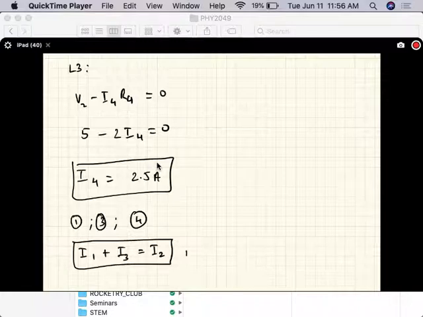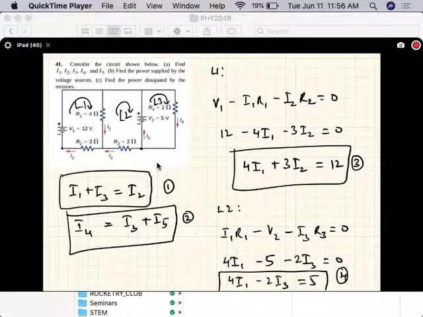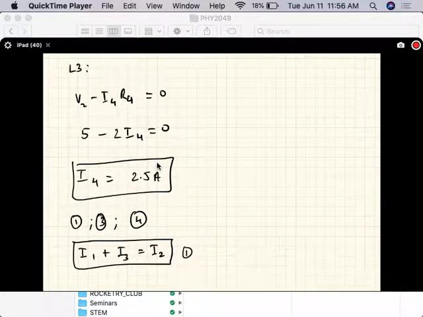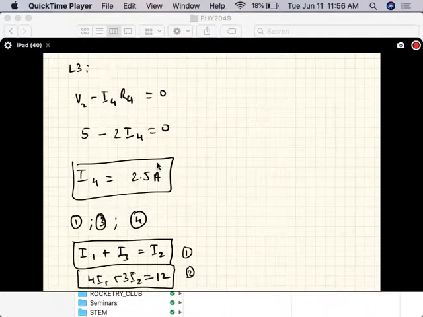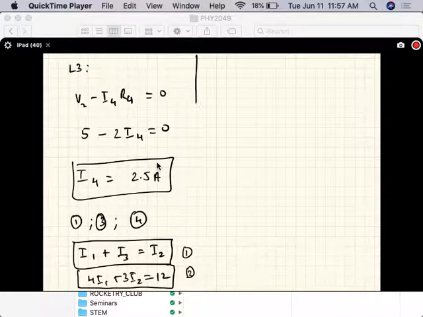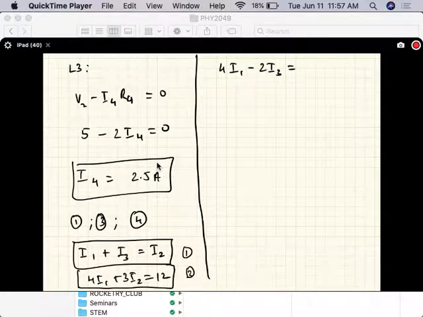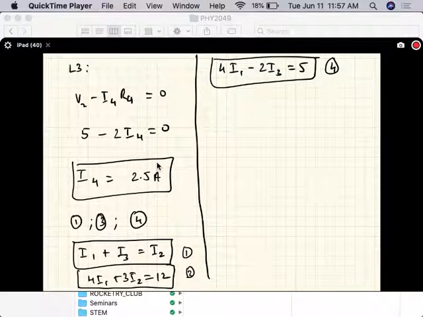There's equation 1. 4I1 plus 3I2 equal to 12. That's equation 3. And then 4I1 minus 2I3 equal to 5. There's equation 4.